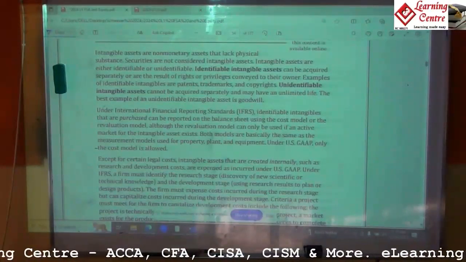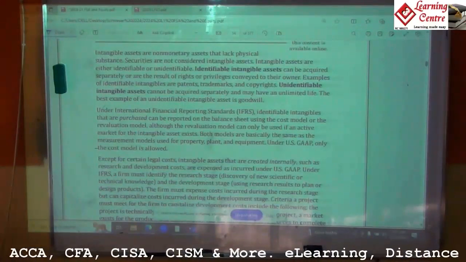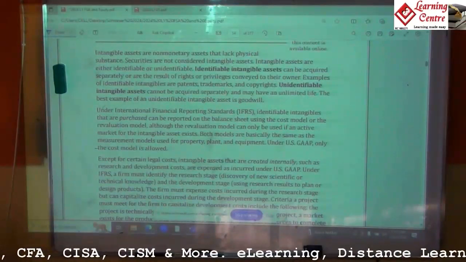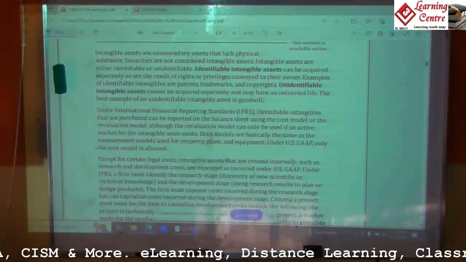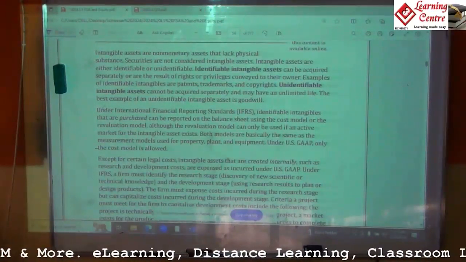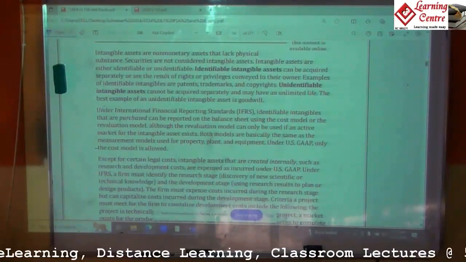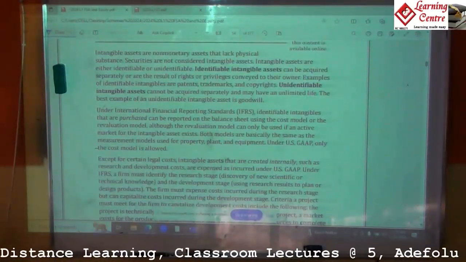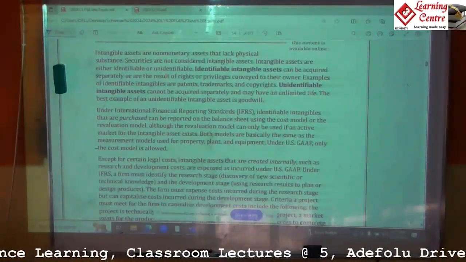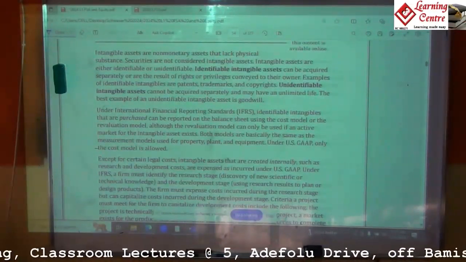So, unidentifiable intangible assets are tested for impairment annually. That's right. Unidentifiable intangible assets, we test them for impairment annually.